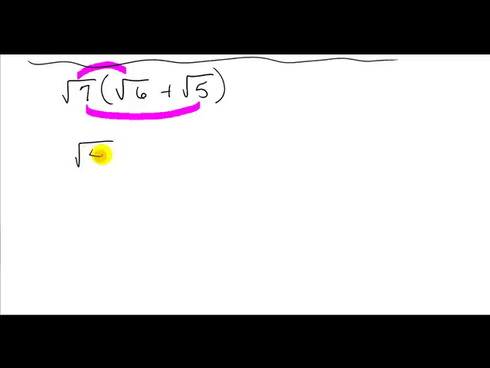So I have the square root of 42 plus the square root of 35. Remember, we want to simplify if we can. And in the radicals, simplifying means if I can get these down to where they have the same number under the radical, then I could add those together.